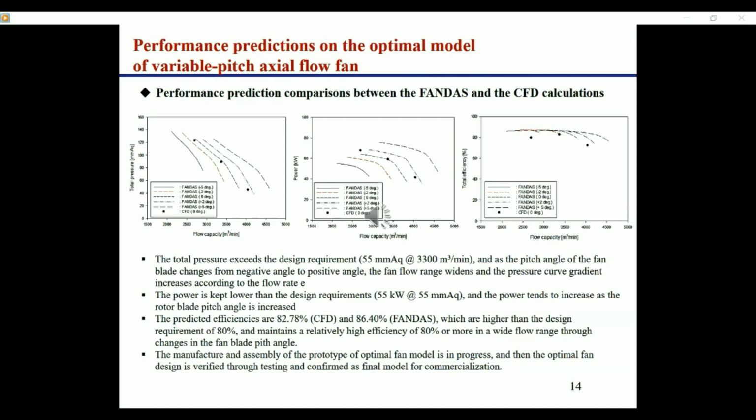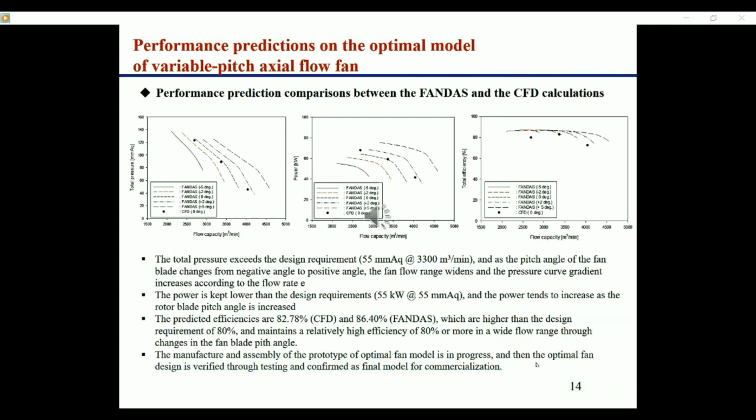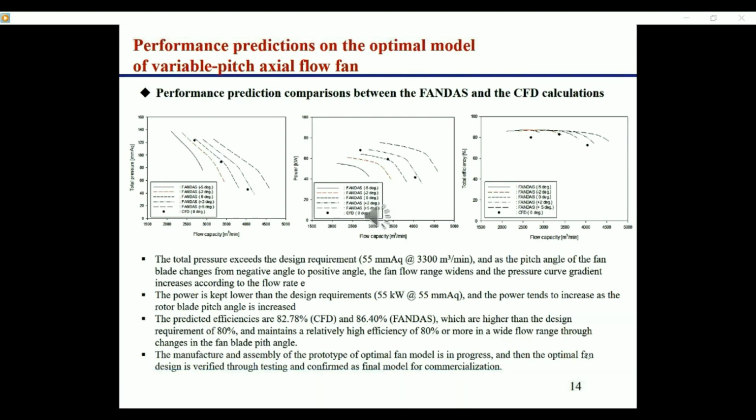The predicted efficiencies are 82.78% by CFD and 86.50% by Fandas, which are higher than the design requirement of 80% and maintain a relatively high efficiency of 80% or more in a wide flow range through changes in the fan blade pitch angle.